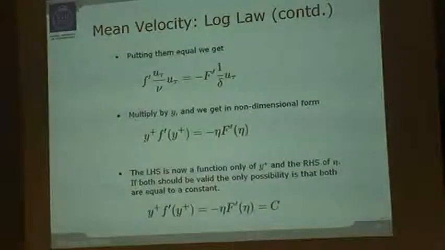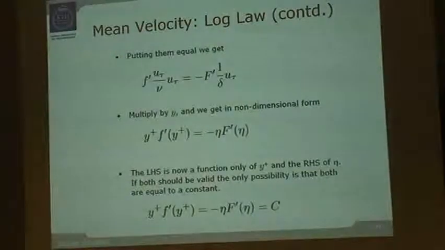The important aspect to realize is that the left-hand side is only a function of y plus, whereas the right-hand side is only a function of eta. So if we want those sides to be equal, both of them have to be constants. Otherwise, because they do not depend on the same quantity, they will not be equal. So we can write the left-hand side equals the right-hand side equals a constant, which for the moment we call c.